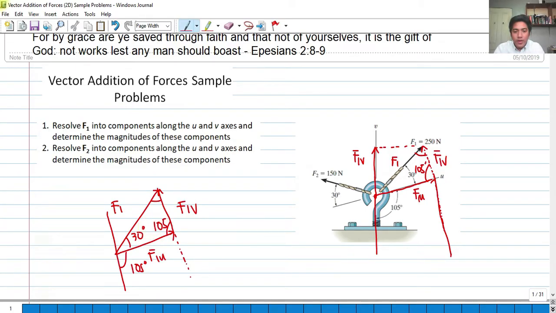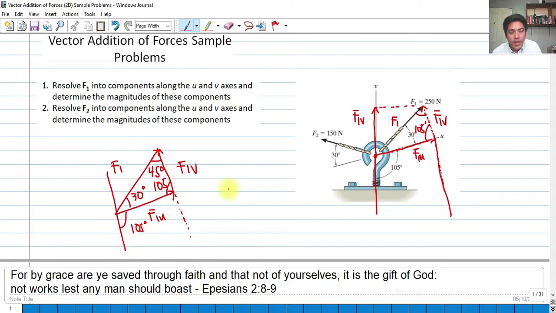So 180 minus 135, this should be 45. And we are now ready to get the components F1v and F1u, by simply knowing this angle and by simply moving this F1v in this position.